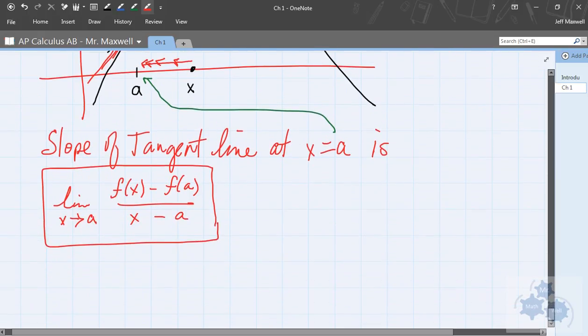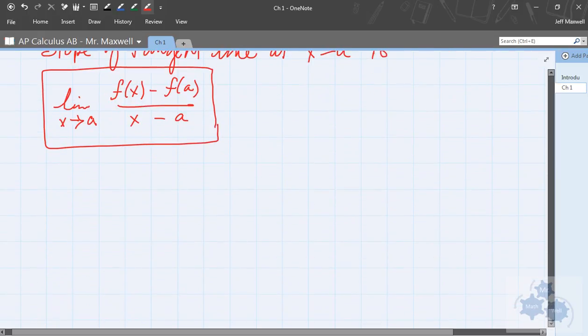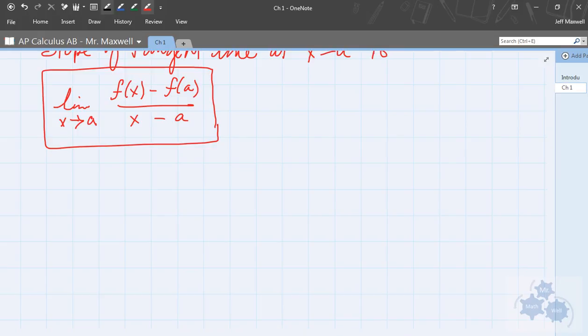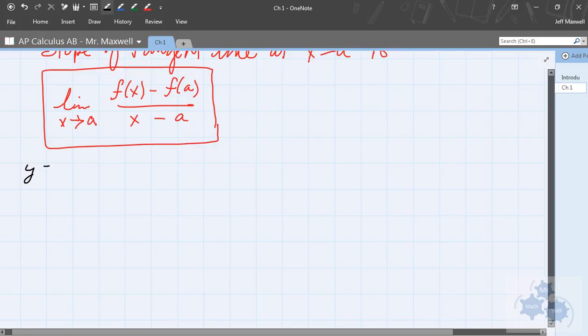Let's just keep that in mind here, and let's do an example. All right, here's the function. It's y equals 2x squared plus 4x minus 1. And what kind of graph, what shape is this? Yes, a parabola, very good.